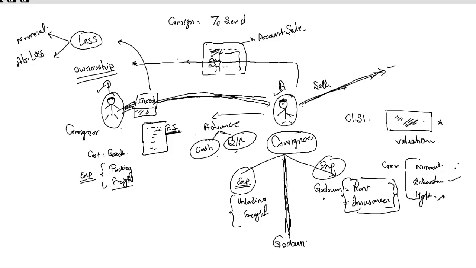Now, we have discussed so far all the aspects of the consignment account. Now we will go towards the accounting aspect, how to prepare the accounts of this consignment. Normally, the consignor wants to know the profit of this consignment transaction. For that, he prepares two accounts.